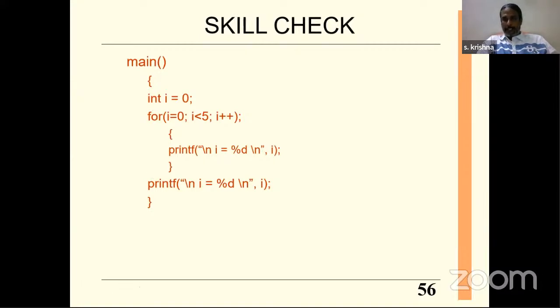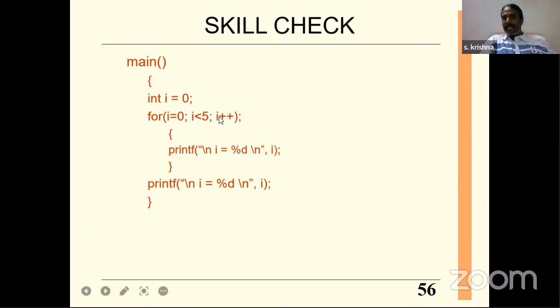So before checking the answer, let's do it by ourselves. Let's do one by one what exactly we're going to do. See, first the i value is 0. We are initializing, so in the for loop we are saying i should be 0. Now the condition we are saying is i should be less than 5. If this is true, then we have to print this statement.